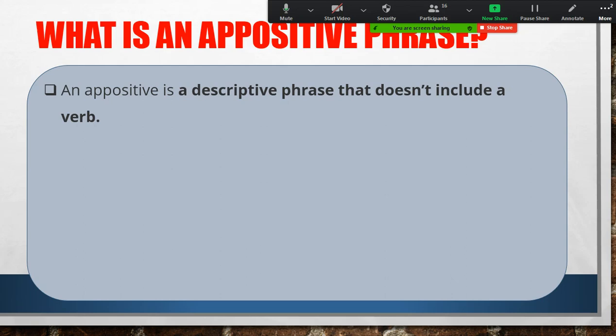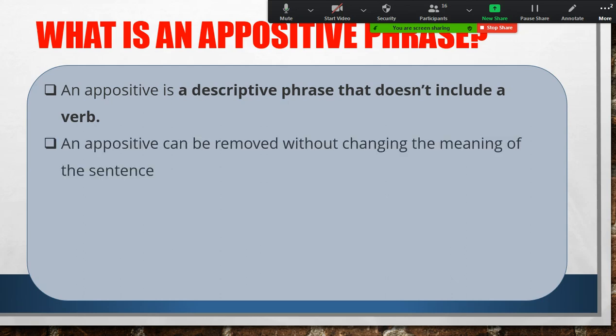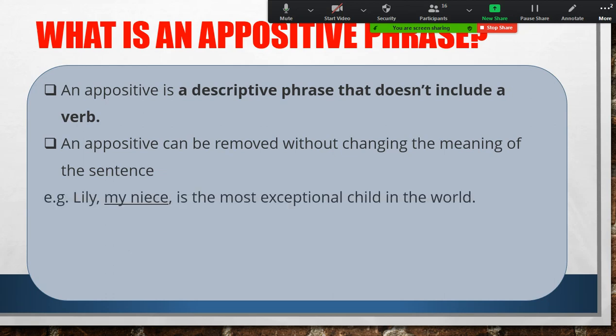This is the meaning of phrase that we all know. The appositive phrase can be removed without changing the meaning of the sentence, but not all the time. We have some cases where it is essential and it's supposed to be found in the sentence.